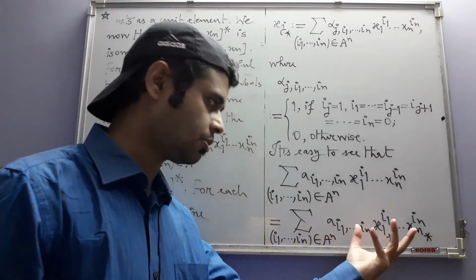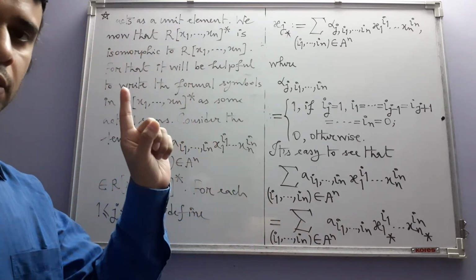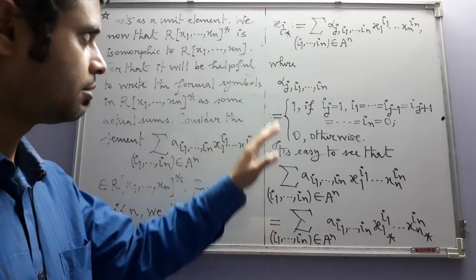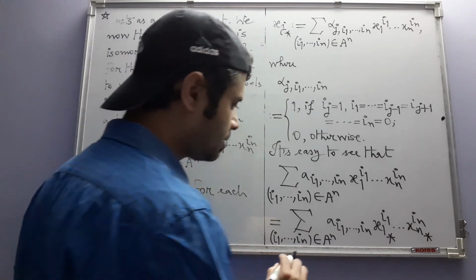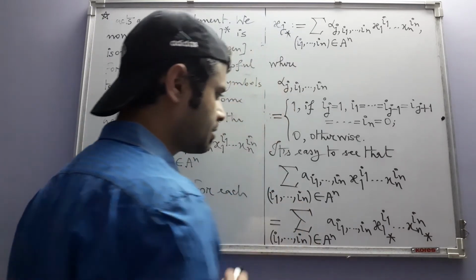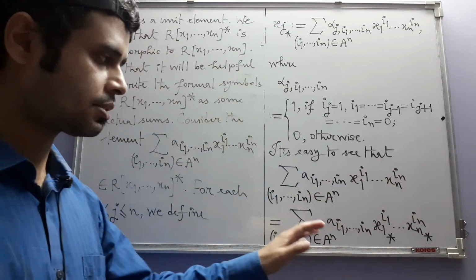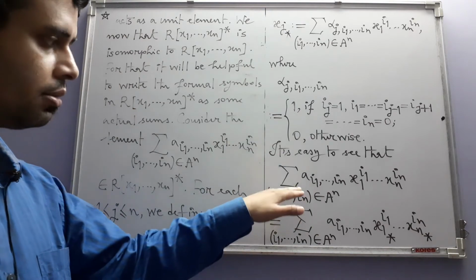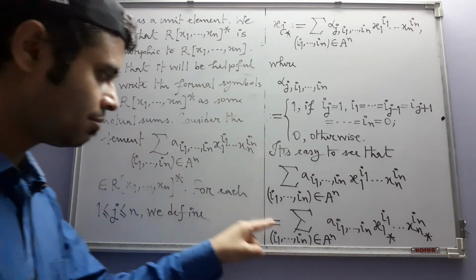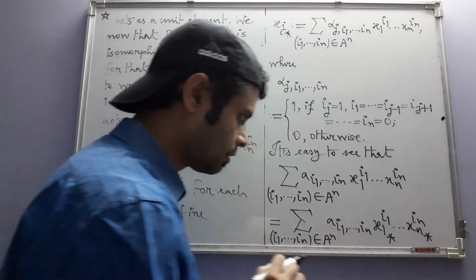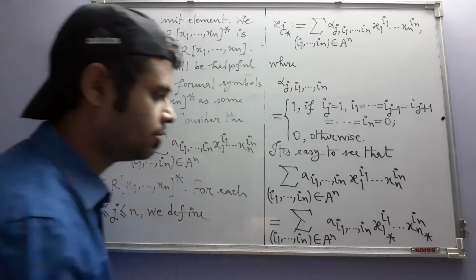Note that the sum on the right side is actually a sum of some elements in our ring. The interpretations of this sum and this sum are entirely different. The interpretation of this sum is just it's a formal symbol that as a whole is an element in this ring. However, in this sum, everything has a meaning of its own.